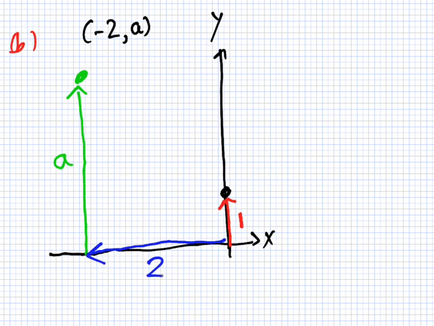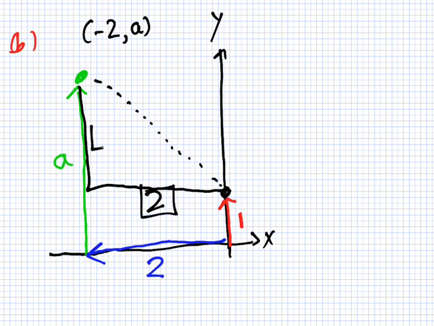Okay. And what would they like? They want this length here. So if you imagine it as a right angled triangle, how big is the base? 2 units. And how big is the height of the triangle? A minus 1.